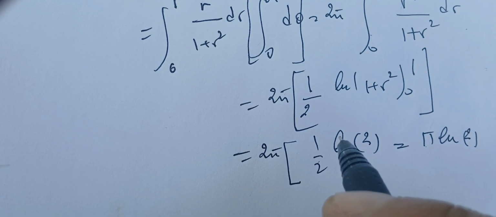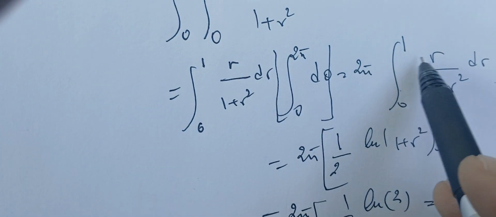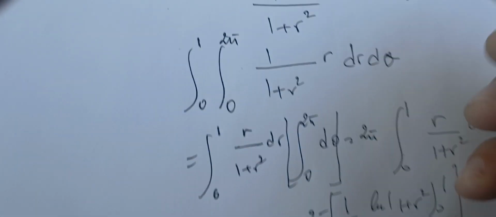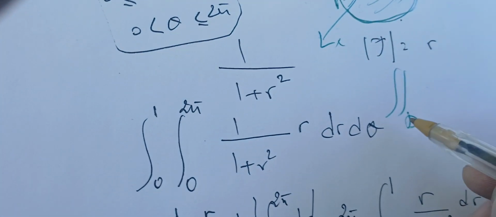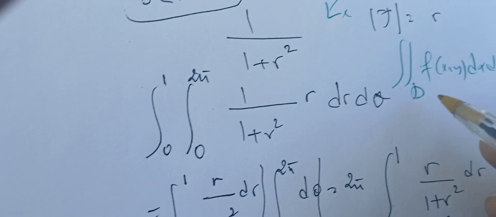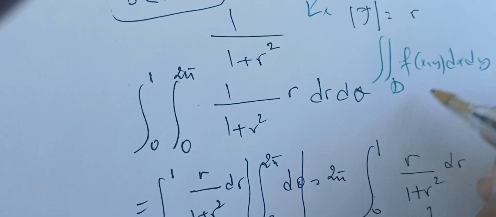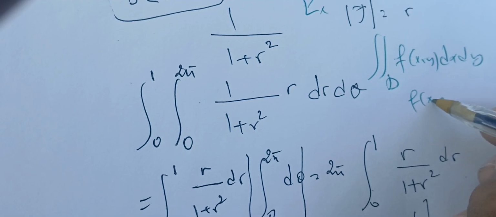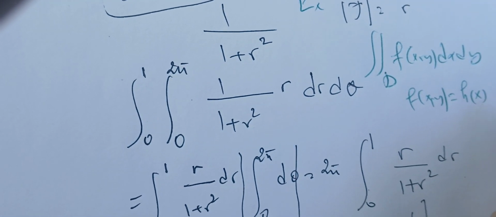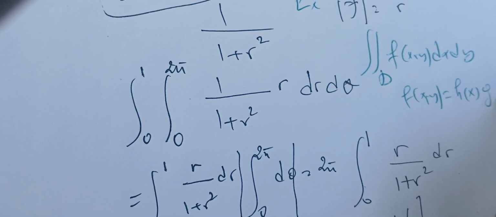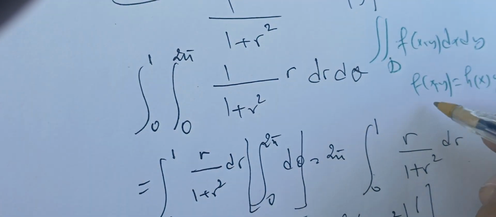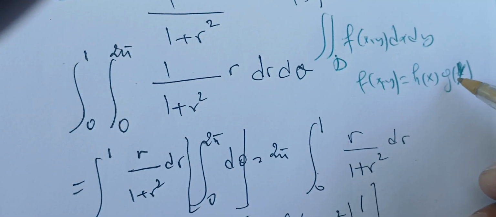In doing this integration, I have used something that we know. If I'm integrating a function on some domain, and that function f of x y can be written as the product of some function, let's call it h, that depends on x, and g that depends on y only, then when I do the integration, I can split this integral into two.